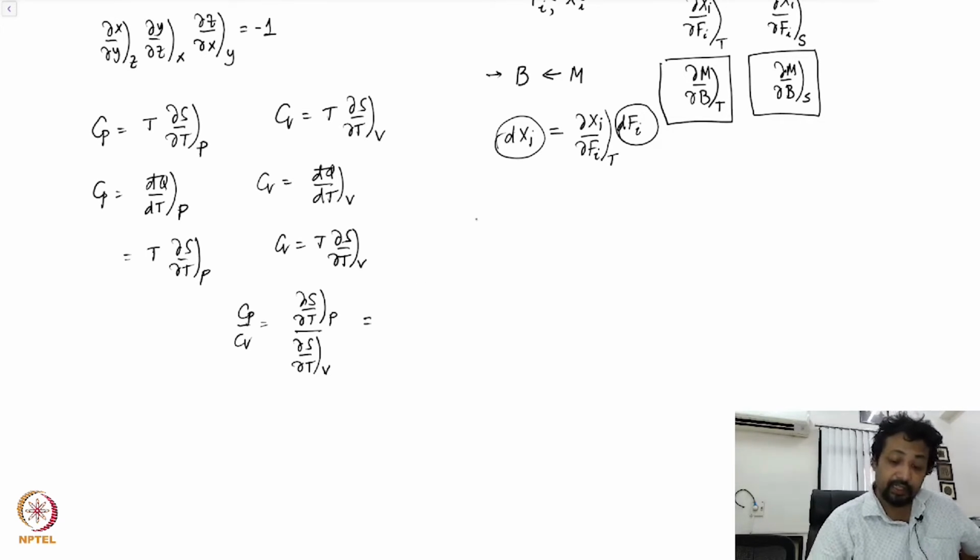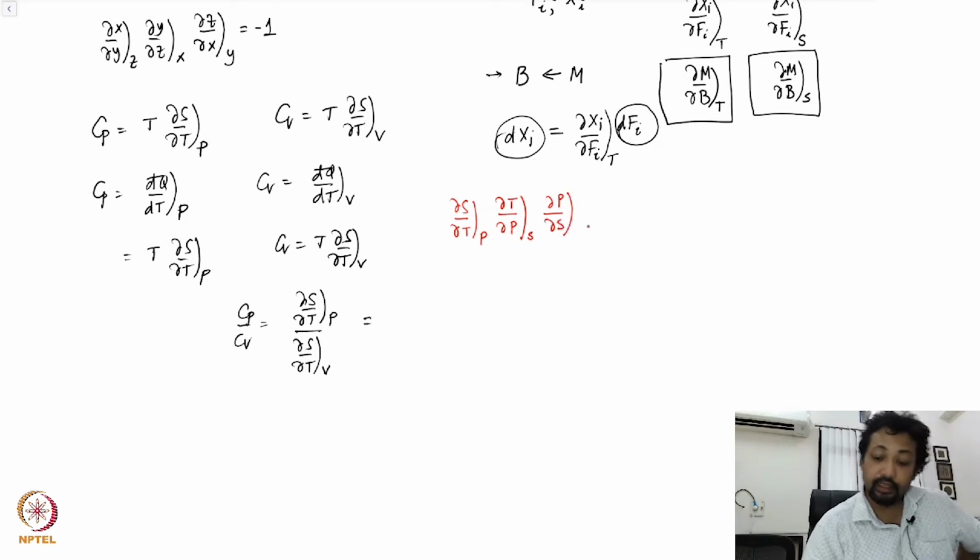That gives me (∂S/∂T) at constant pressure, then you have (∂T/∂P) at constant entropy, and then you have (∂P/∂S) at constant temperature, is equal to -1.